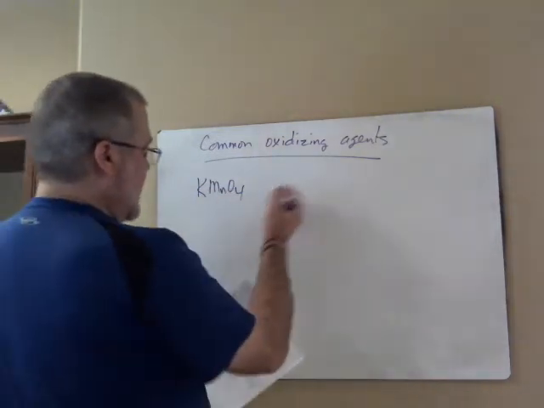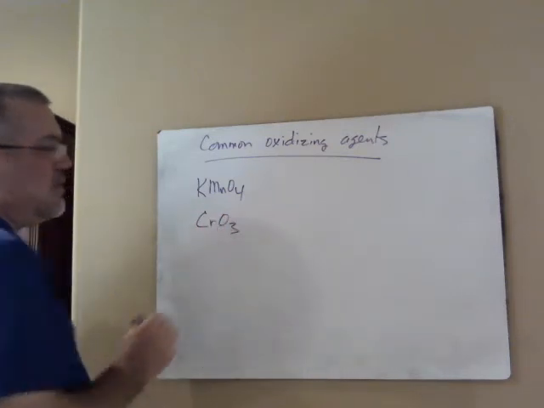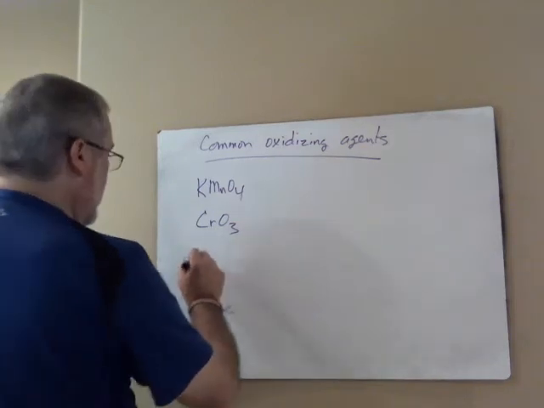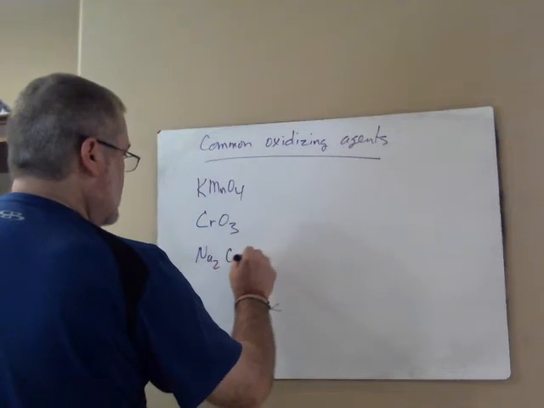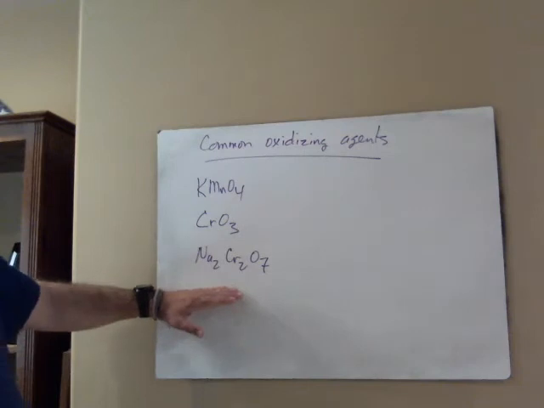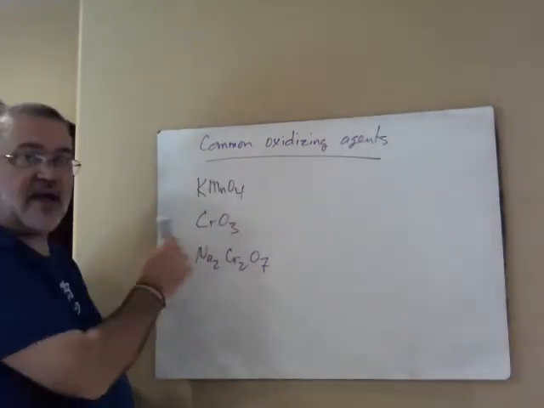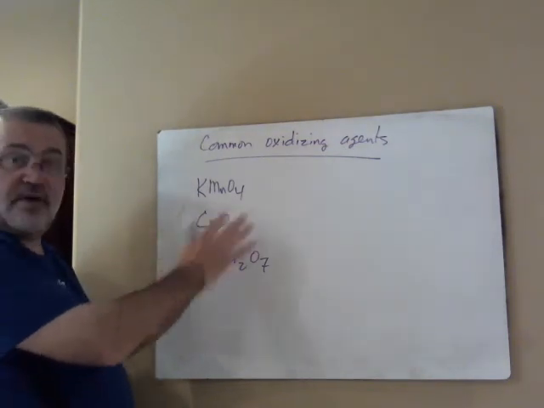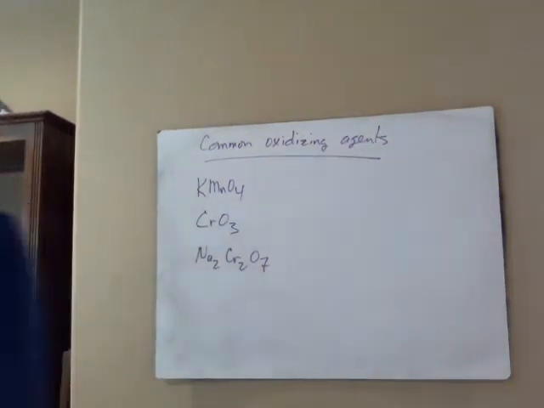Potassium permanganate is a common oxidizing agent. So is chromium trioxide. And so is sodium dichromate. Sodium dichromate is not as commonly used. We're going to see that most of the oxidations we look at involve potassium permanganate or some derivative of chromium trioxide. But these are your common oxidizing agents.